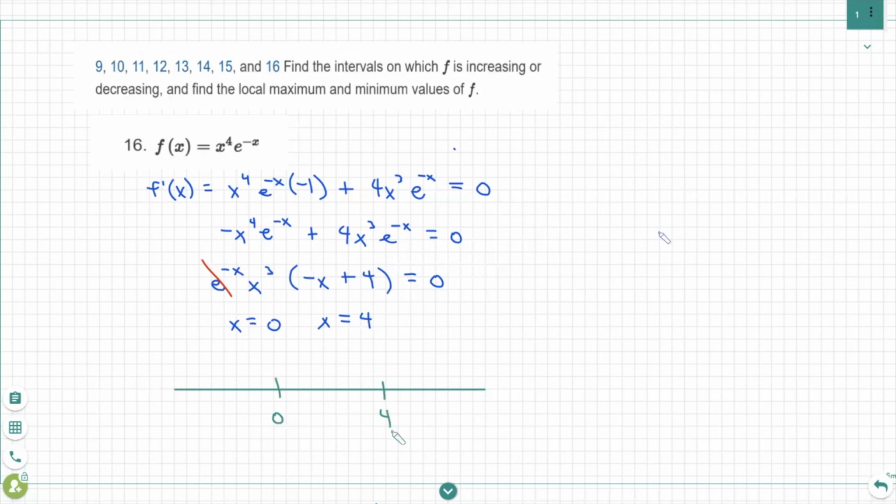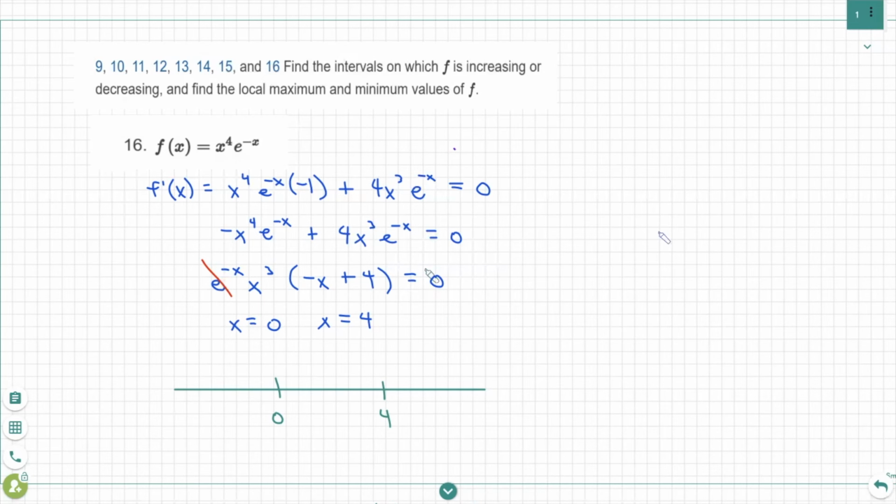Okay, so then what's after that? For example, if we want to figure out what's going on for x values less than 0, what do we plug in? Just set x equal to -1. Yeah, you can plug in some number in that interval and see what happens.